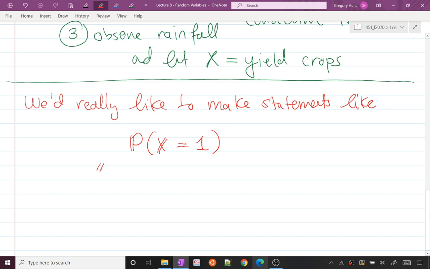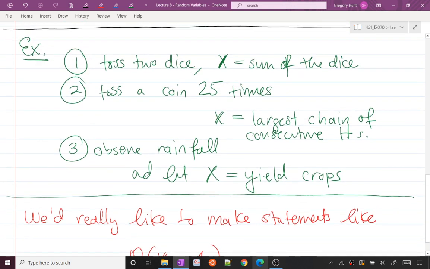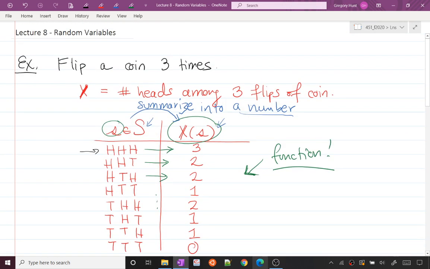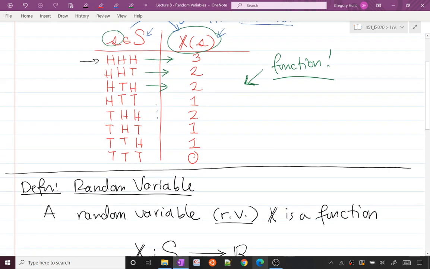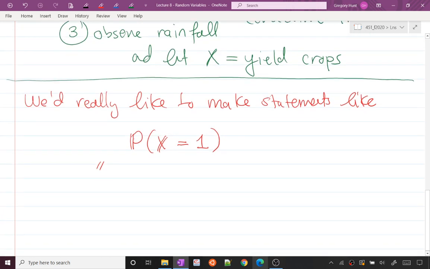So, if we have a random variable, maybe my random variable back up here is where I flip a coin 3 times. X is the number of heads. What's the probability that x is 1? And the notation we'd like to use is this.